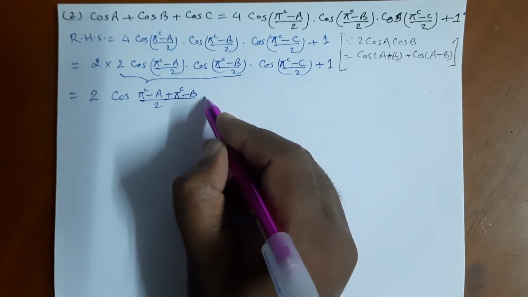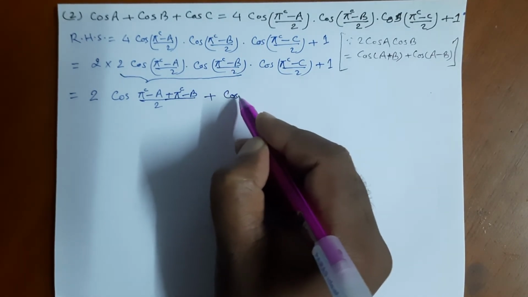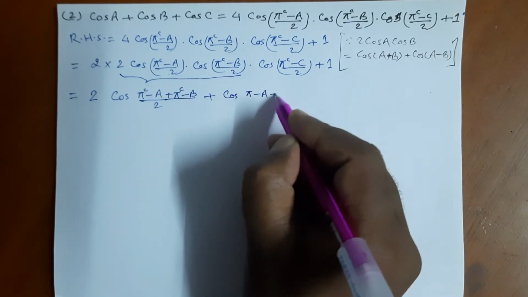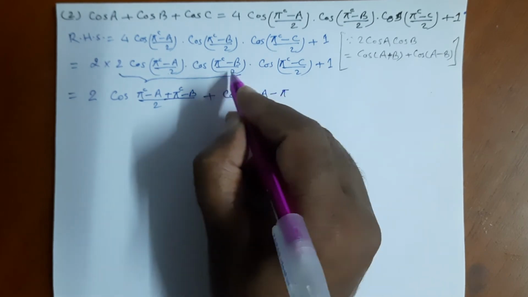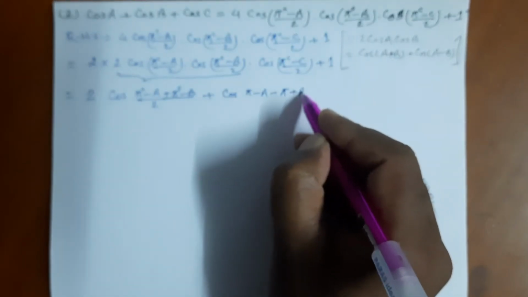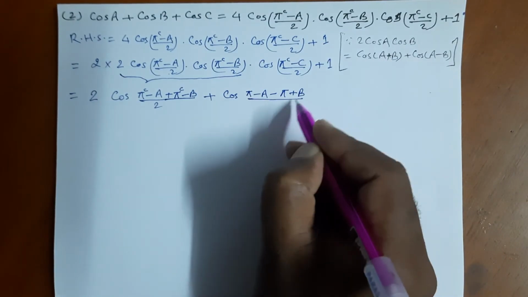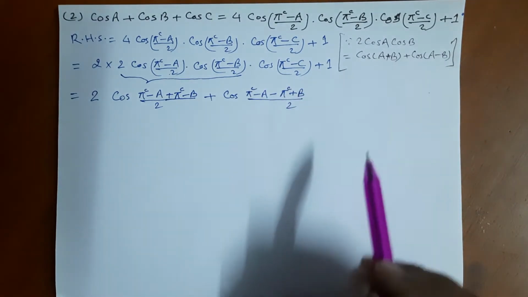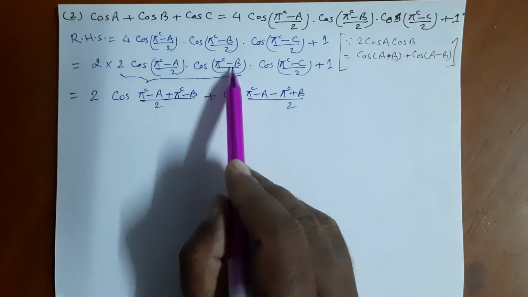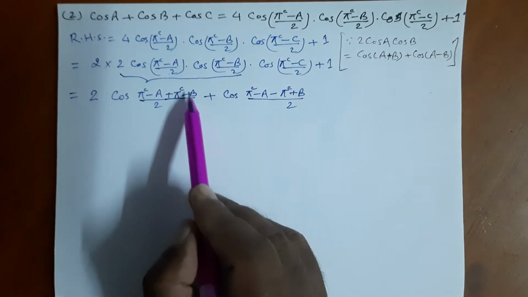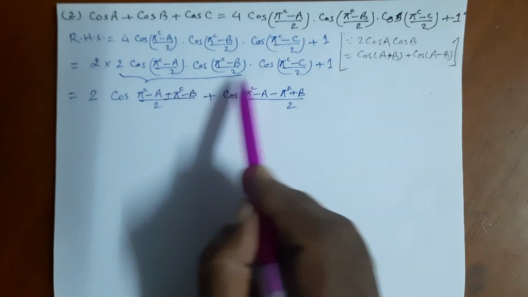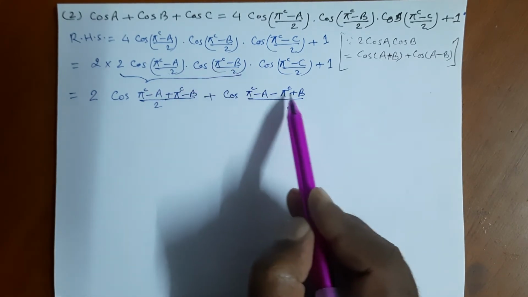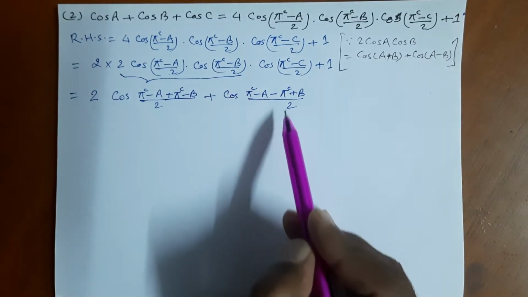And plus cos (a minus b): this minus this, pi minus a minus pi minus, and minus will be plus, plus b over 2. Here a plus b, this plus this, because the LCM is 2, and this minus this. So minus here and this minus it will be plus here. This 2 and 2 is the LCM.